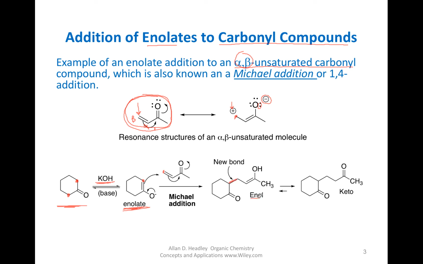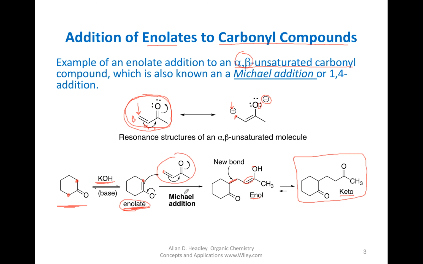Notice what we have here is an enol, and as we know from previous chemistry, it quickly tautomerizes through a keto-enol tautomerization to give the more stable product, the ketone. So here is the product of the addition of an enolate to an alpha beta unsaturated carbonyl compound.